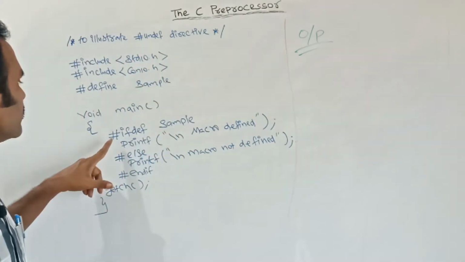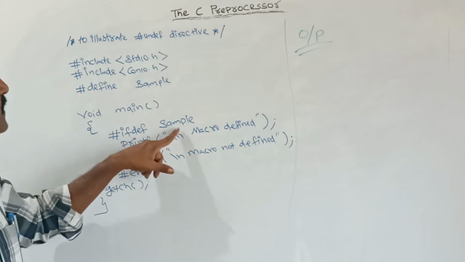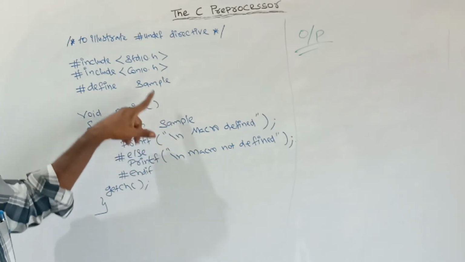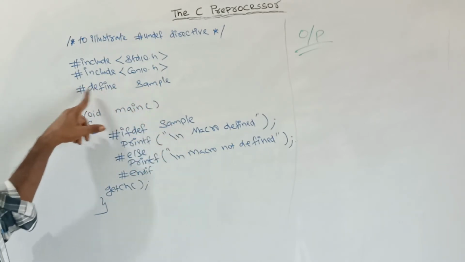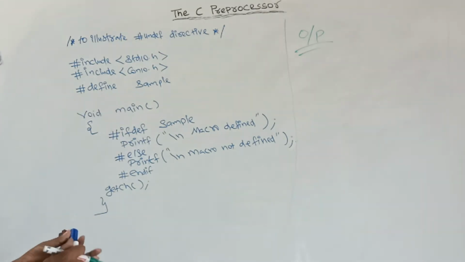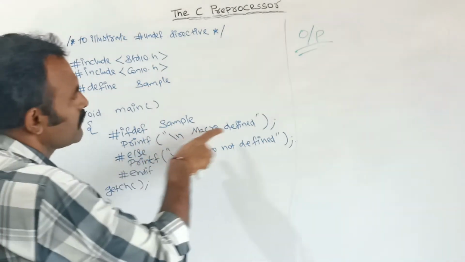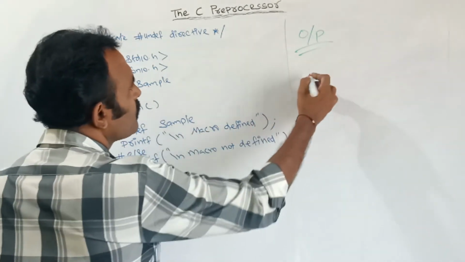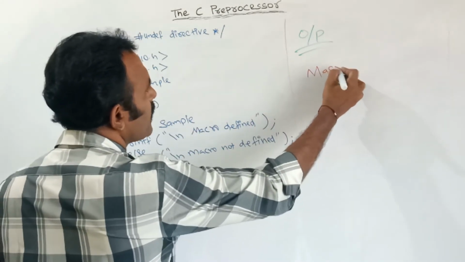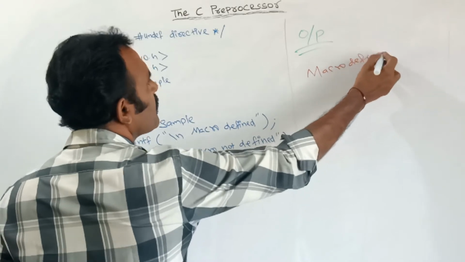So here it checks whether this macro sample is defined or not. Here I had defined the sample, so this condition is true. Then the result will be to print the message macro defined, so the output will display like this: macro defined.